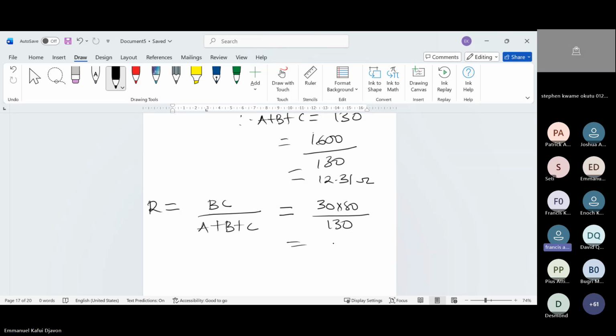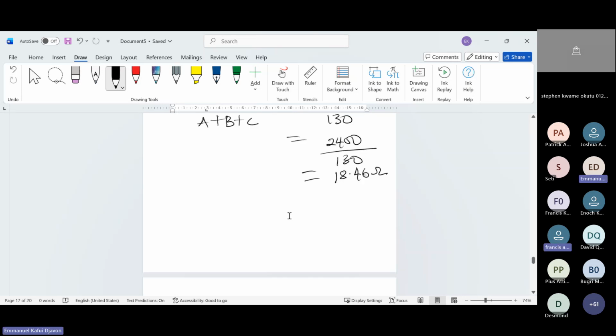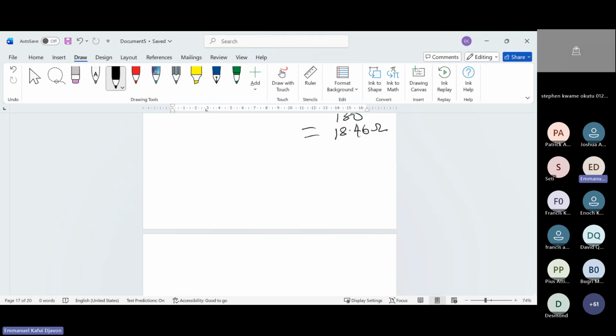That's 2,400, right? Yes. All over 130. That will give us 18.46 ohms.